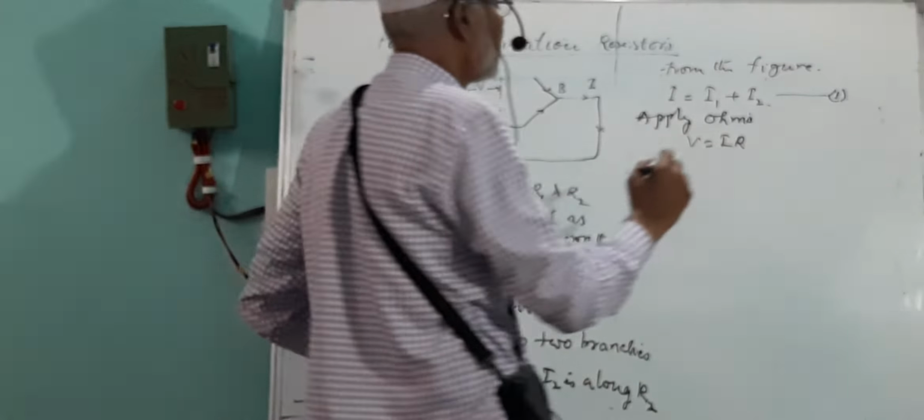This general expression you can extend to this specific branch, where the variables are I1 and R1 and the potential difference is V. We need an expression for current, so I1 is equal to V upon R1. Similarly, I2 is equal to V upon R2.